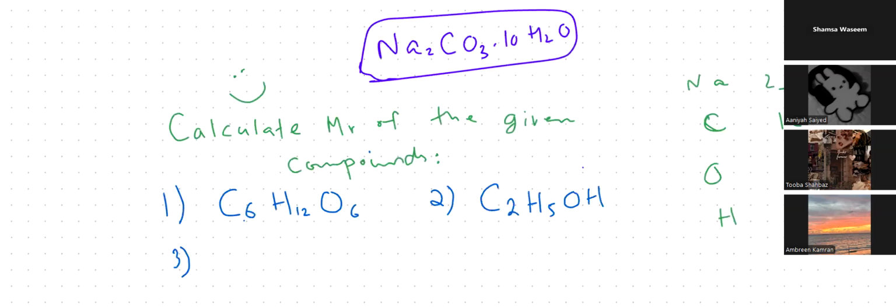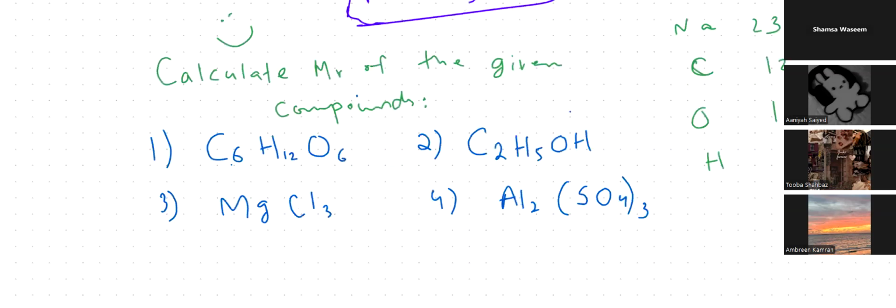The next one is MgCl2, magnesium chloride. The fourth one is aluminum sulfate, Al2(SO4)3. And you could do ammonium carbonate, (NH4)2CO3.